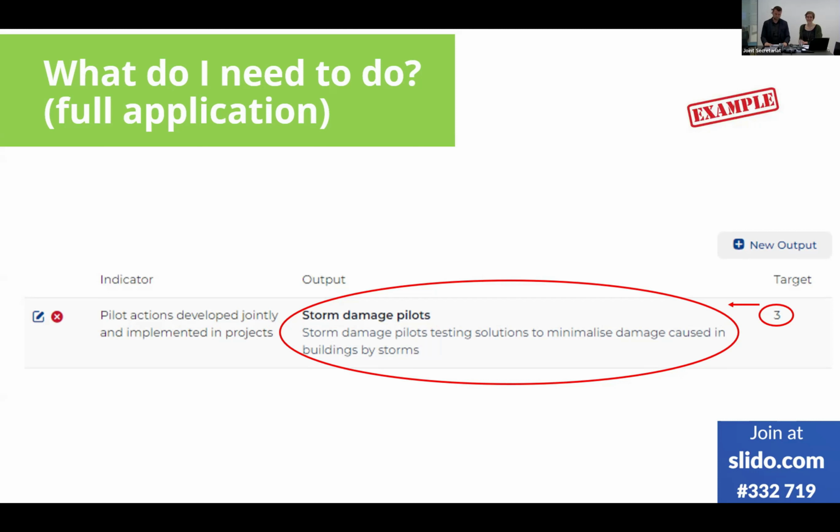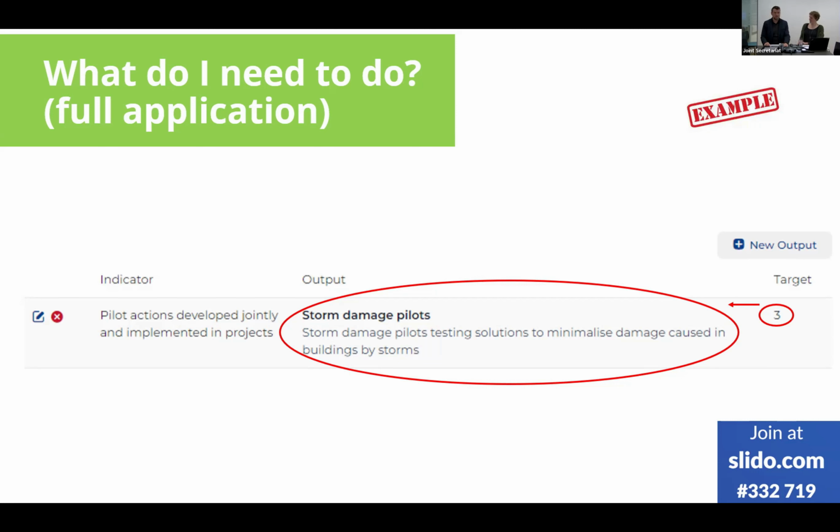Keep in mind, this is only a simple example that we have come up with, so you should elaborate a bit more and come up with a very good title that is really describing what your output is about. Again, last but not least, a target is needed for the output. And I just want to highlight one more time that the outputs are created on work package level.